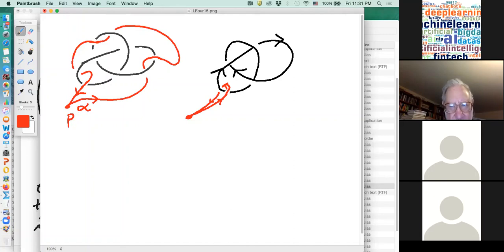All right? And I'm going to use the right-hand rule for the orientation. If this arc is A, then I will call the element in the fundamental group that corresponds to it A as well. The right-hand rule is this, that if you have a loop that goes around an arc like this, it is oriented by the right-hand rule.